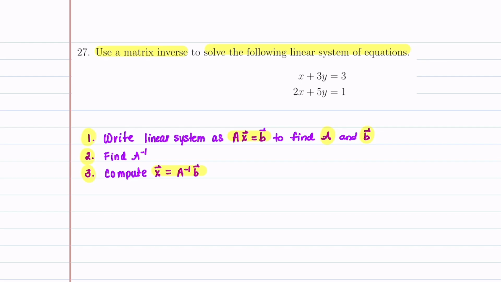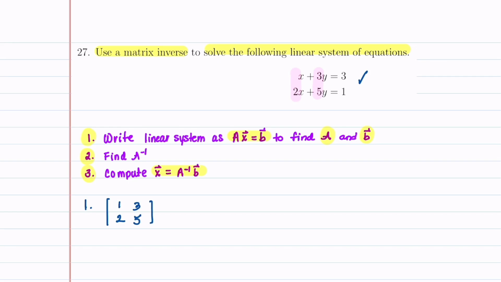Let's go ahead and do our first step. We'll mark this as step 1. We're going to take our linear system up here, and we're going to write it as A times X is equal to B. So we're just going to break it apart. What we're going to do first is look here at the coefficients. These coefficients and then those coefficients, and those become our matrix A. So we have a 1, 2, a 3, and a 5.